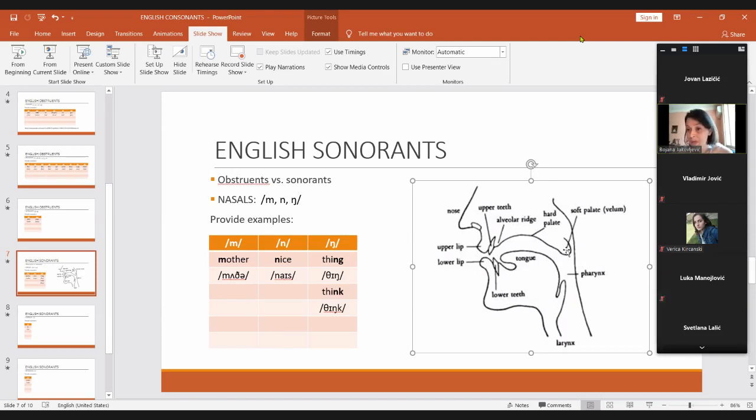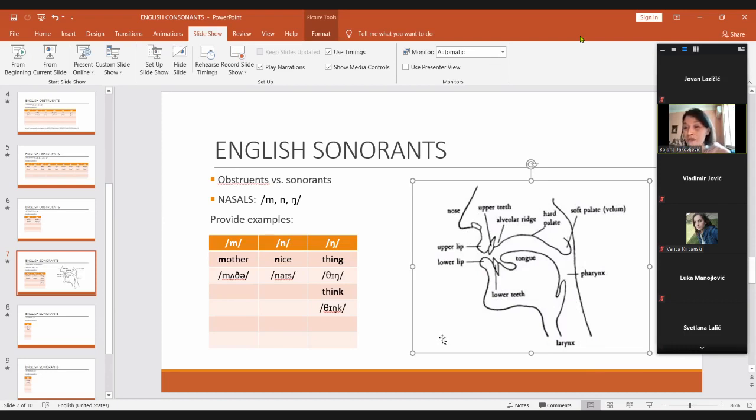So when you produce m, n, and ng, this soft palate is lowered. Just imagine that it goes down, down, down. And then the air going from the lungs can go freely through the nose.